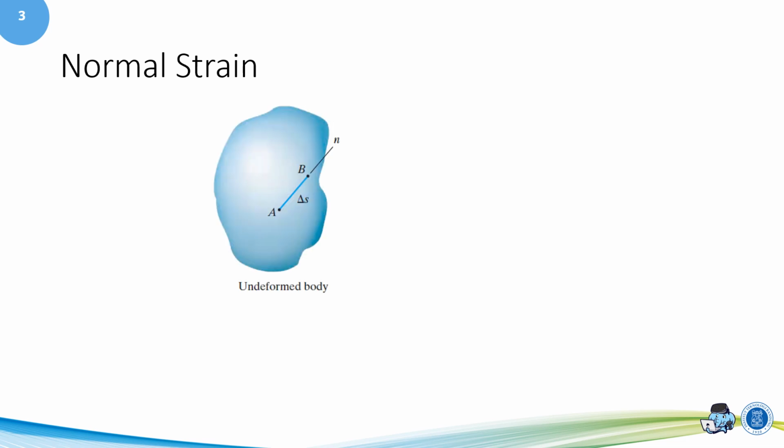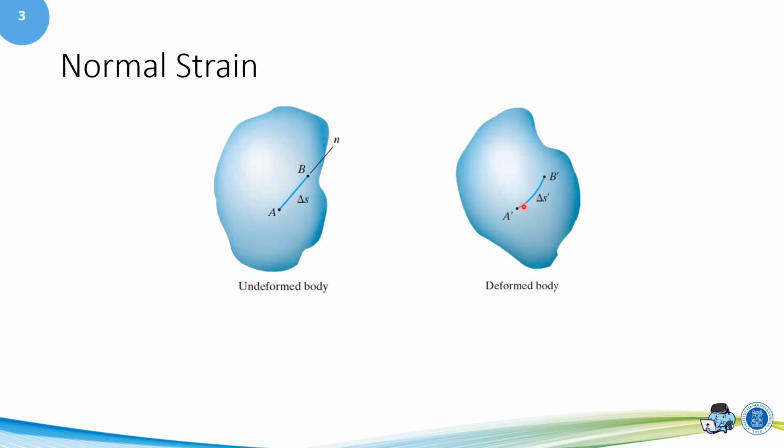In the slide, you can see a body. Before the force loading, there are point A and point B with a distance of delta S. After the loading, the body is deformed, and points A and B now become A prime and B prime. Now, the distance between A prime and B prime is delta S prime.